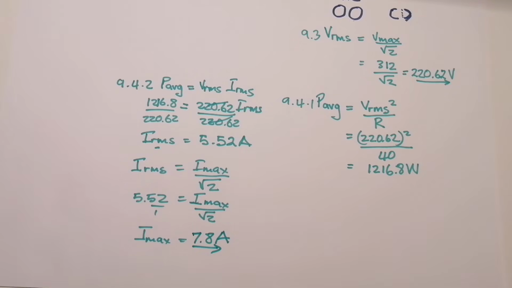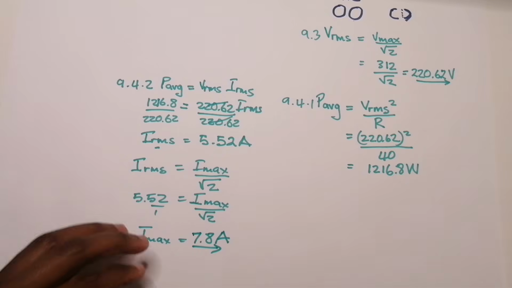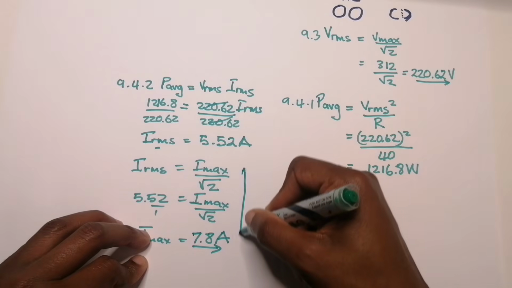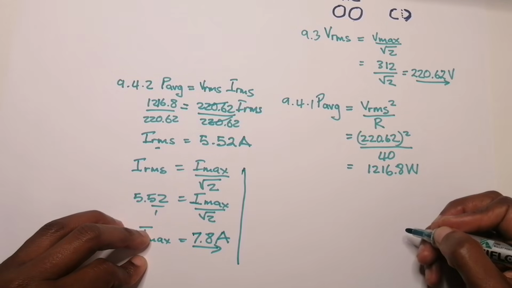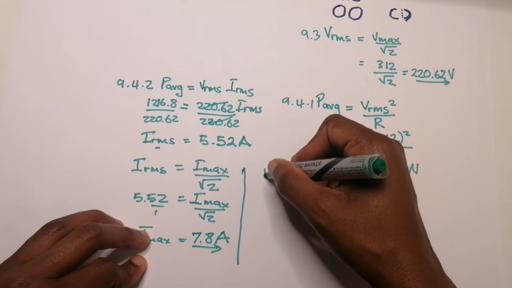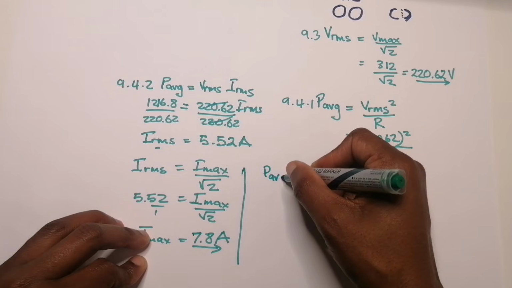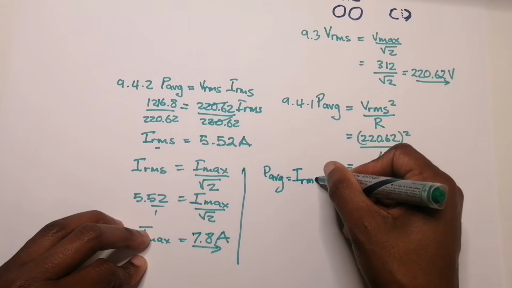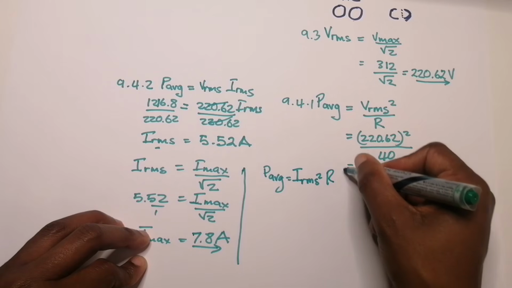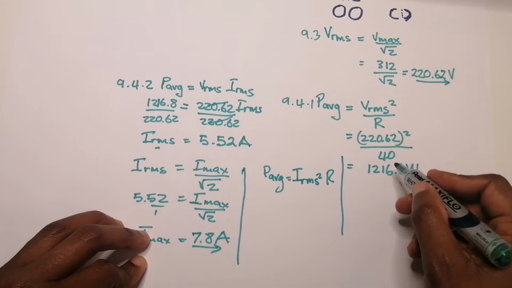Of course, if you want to know, there could have been another way that you could have calculated this. Let me just feature that quickly. I already have the power there. So I could have used P average is equal to I RMS squared times R, because I already have the resistance.